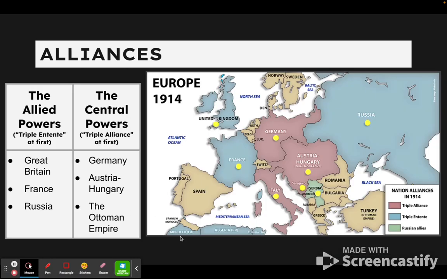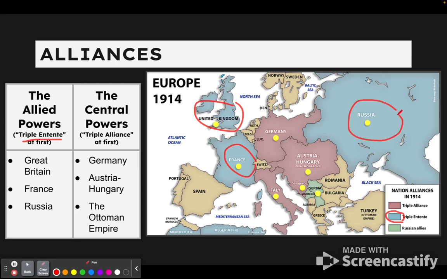So on the next slide in your slide deck, you will find a map showing the alliances. You have the Allied powers, which was first called the Triple Entente, and that is Great Britain, France, and Russia. And we see them here. They are coded in this grayish blue color. So you will see here, here, and here. All right, so these three countries were called the Allied powers.